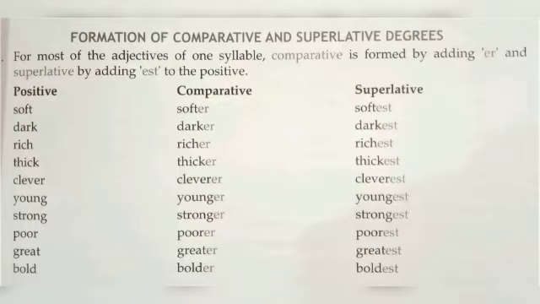Can you find out? Yes, definitely you can. It is O. And we can also hear the vowel sound, that O sound. So we can say that this word has one syllable. And in the same manner, we have one syllable in all the words given here. So in this case, the comparative degree is formed by adding er and the superlative is formed by adding est to the positive word.